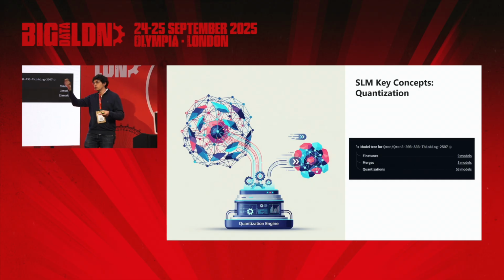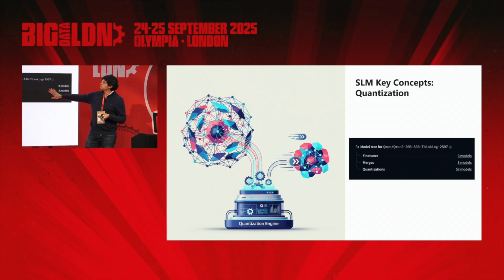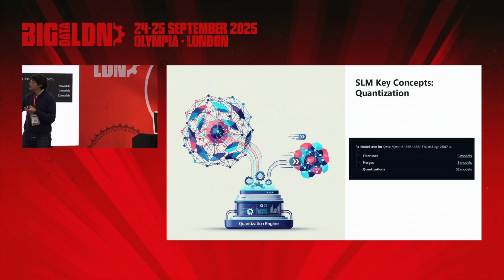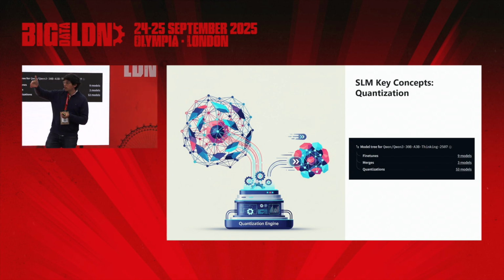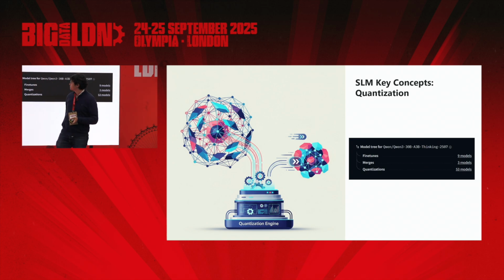I invite you then to round up some of those columns and save it again. So remove decimals, and you'll see the file get smaller. It's the same principle with language models. These language models have weights, those weights have decimals, and the quantization engine will partially or totally round them to a certain point.